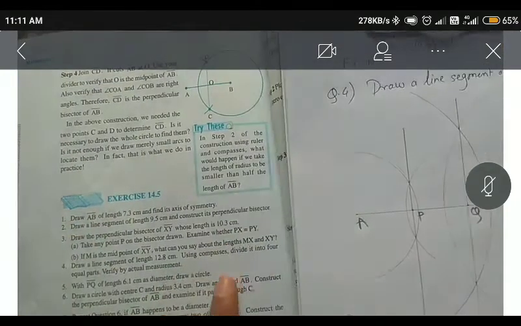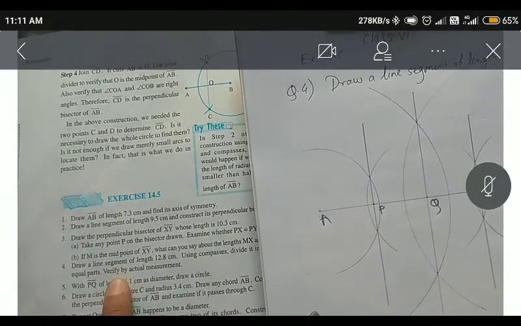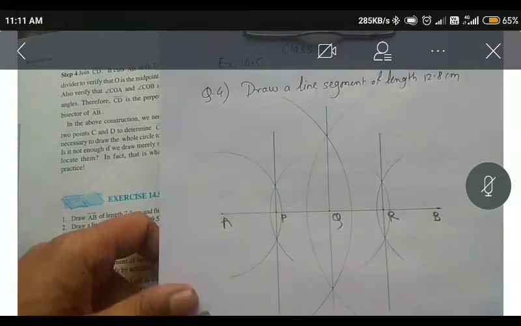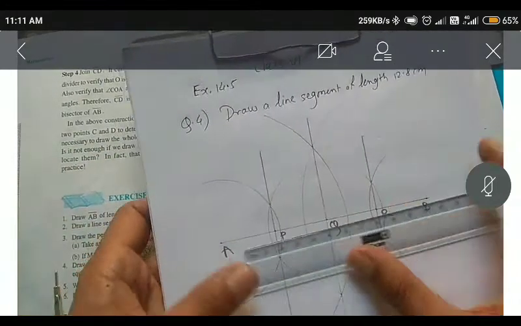Now what they said, verify the actual measurement. Okay, now here we will measure this distance.